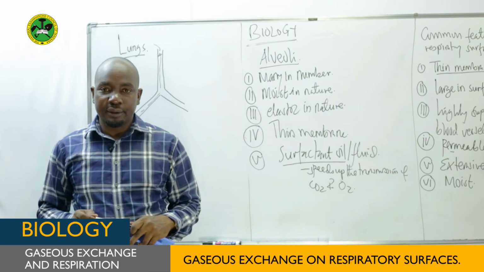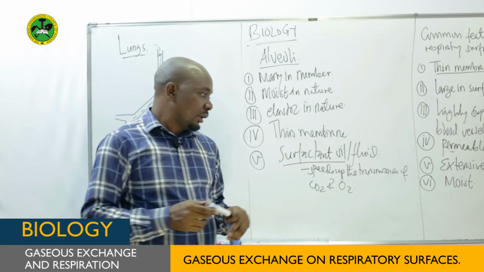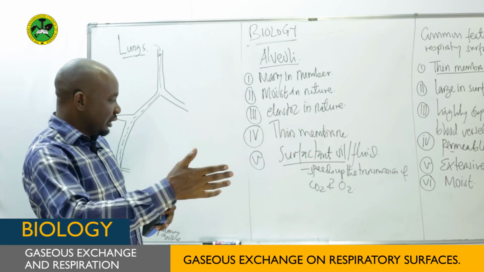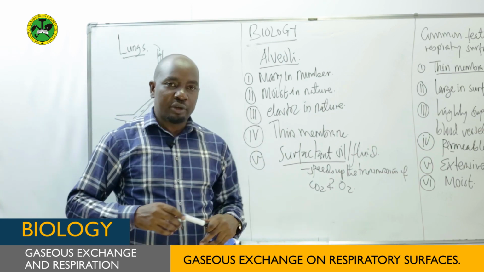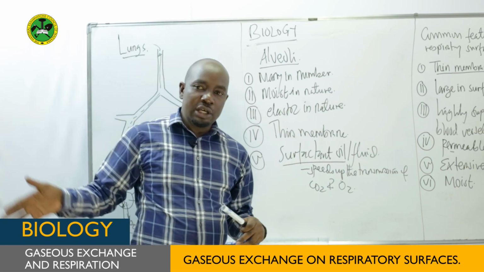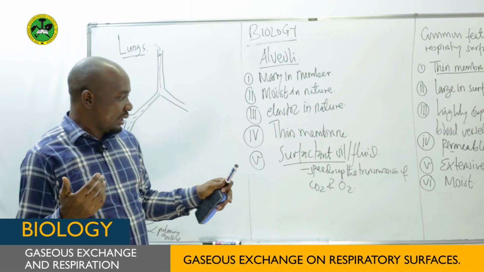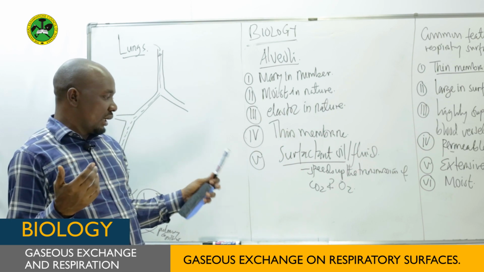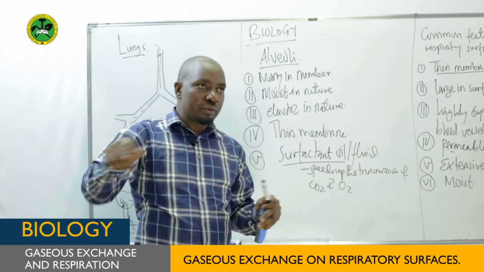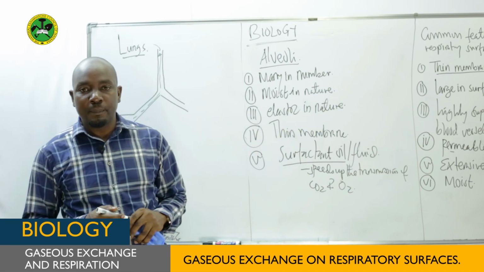That is the major function they perform. So the presence of this fluid in the alveolar sacs enables easy diffusion of carbon dioxide out of the blood capillaries and oxygen into the blood capillaries.